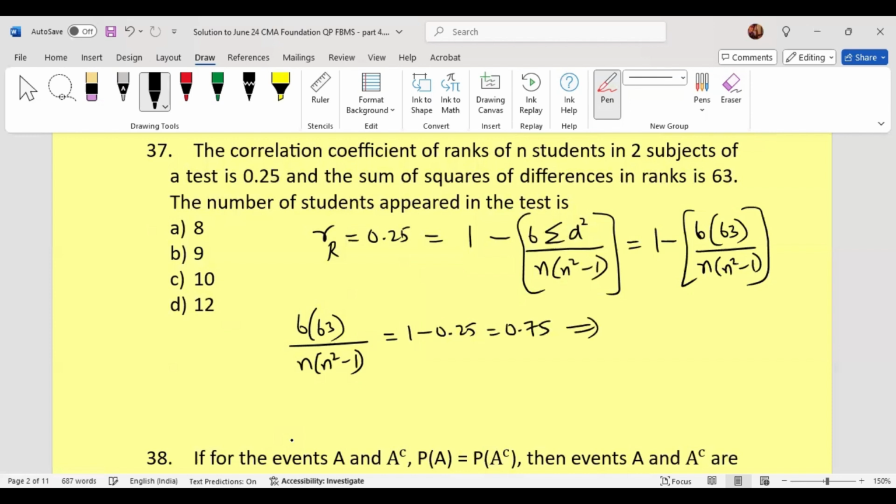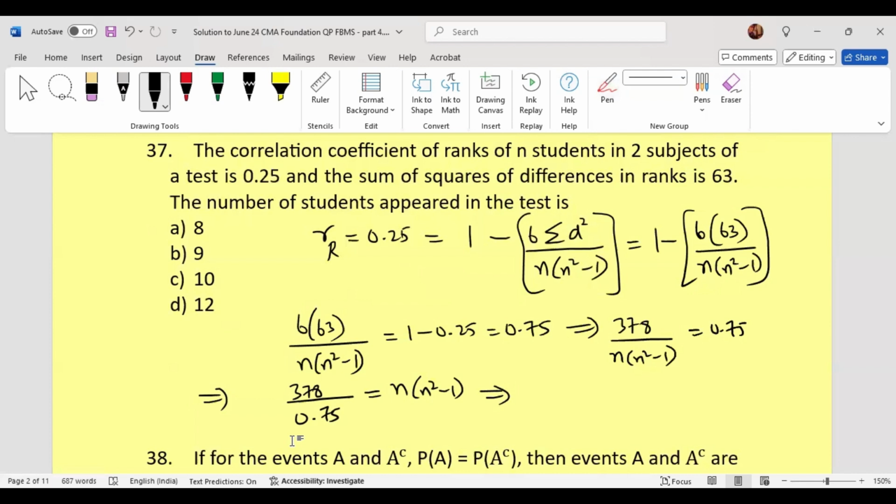So 6 into 63 is 378, divided by n into n square minus 1, equals 0.75. That means 378 divided by 0.75 will be n into n square minus 1. So 378 divided by 0.75, we get 504 is equal to n into n square minus 1.